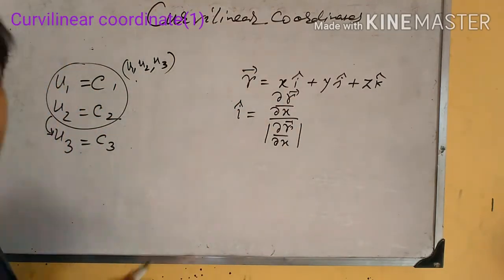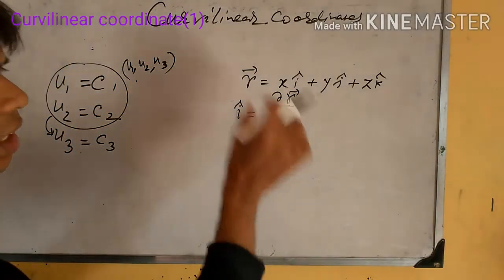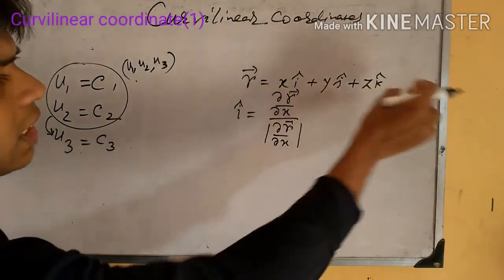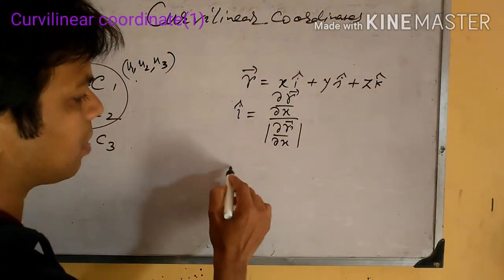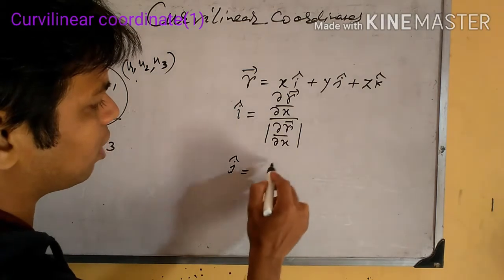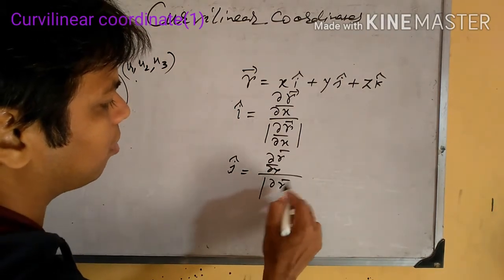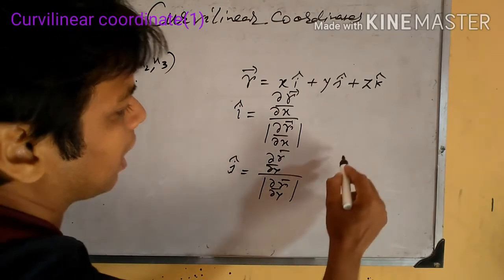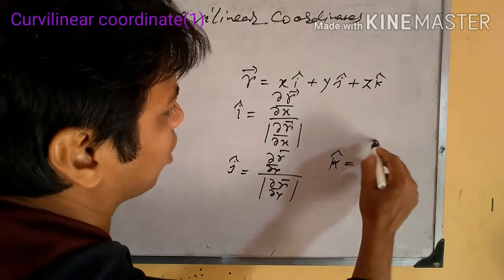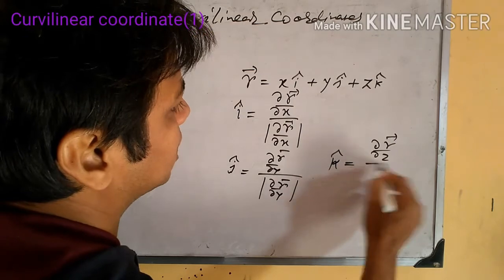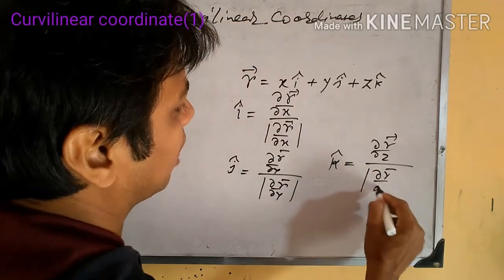This is a very simple procedure to find the basis vectors i hat, j hat and k hat of the Cartesian coordinate system. Similarly, j hat is equal to del r by del y divided by the mod of del r by del y, and k cap is equal to del r by del z divided by the mod of del r by del z.